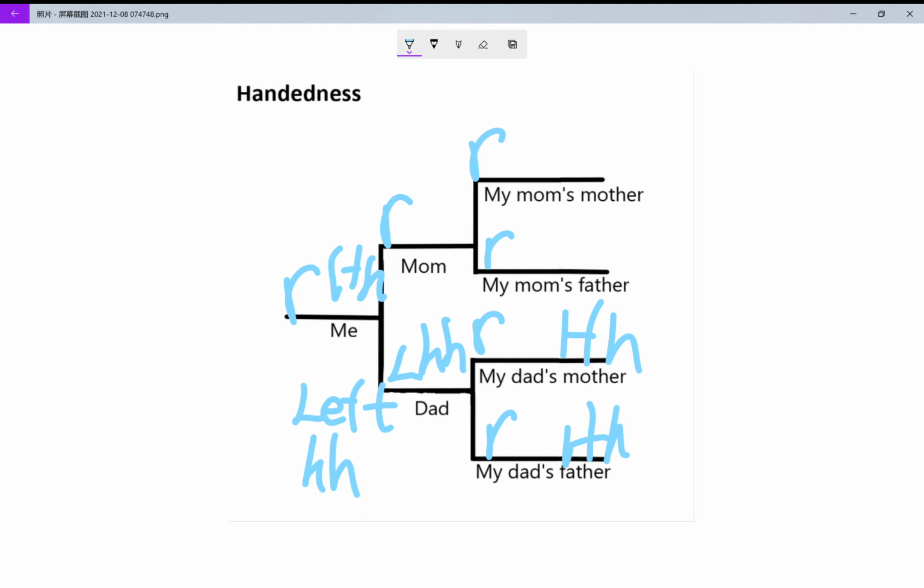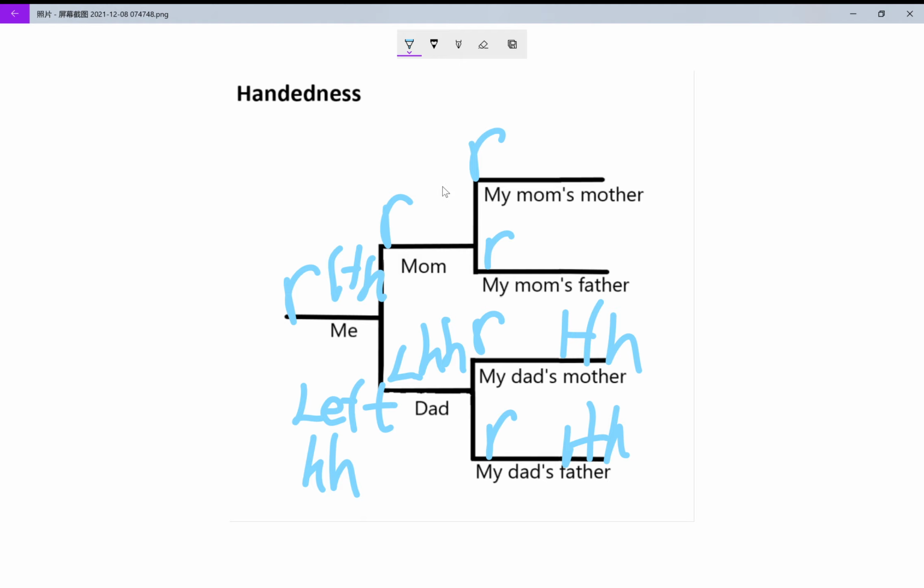So my kids, they have a big H. So with the combination of our genotypes, my kids can be either right-handers or left-handers.